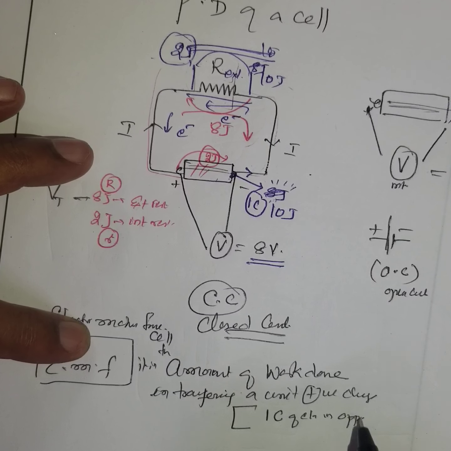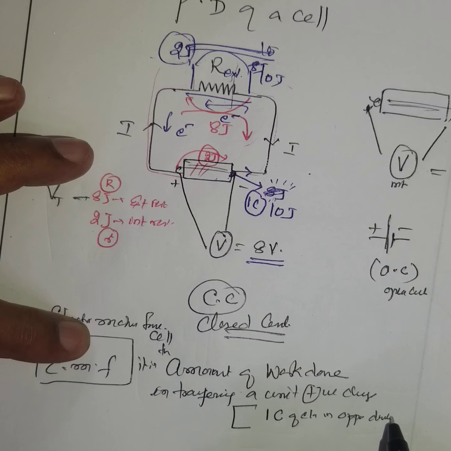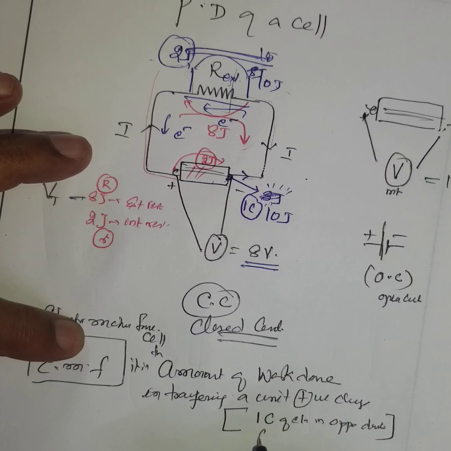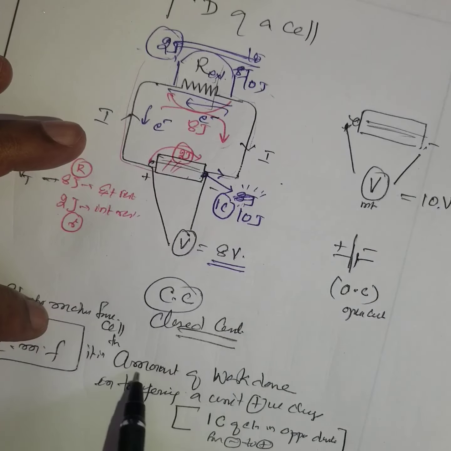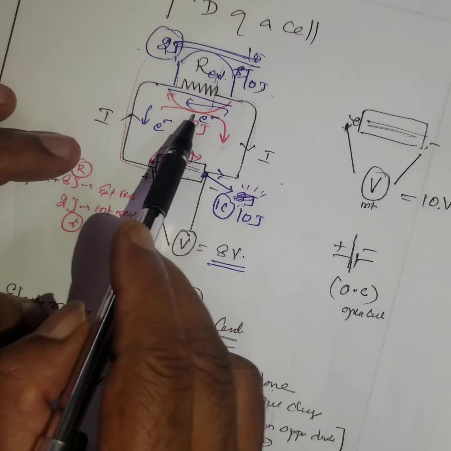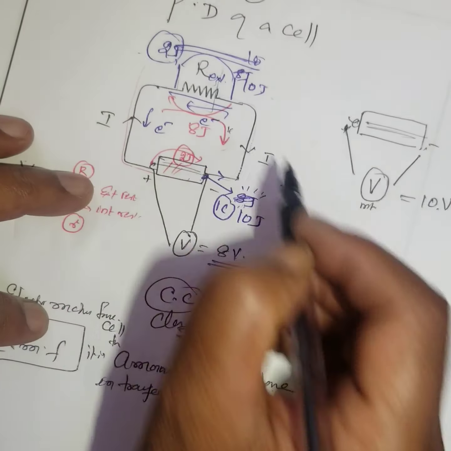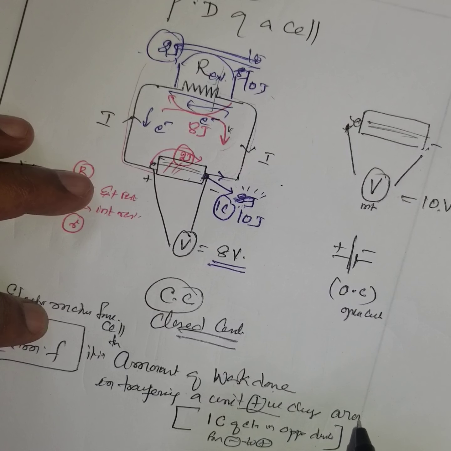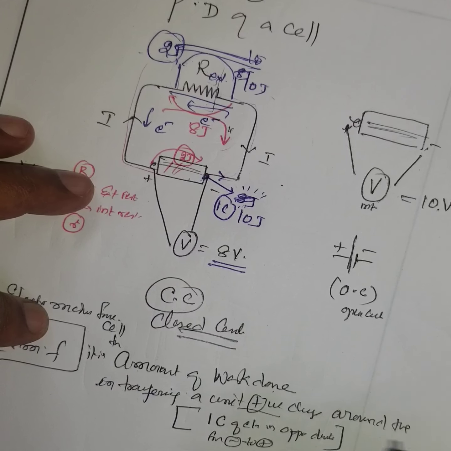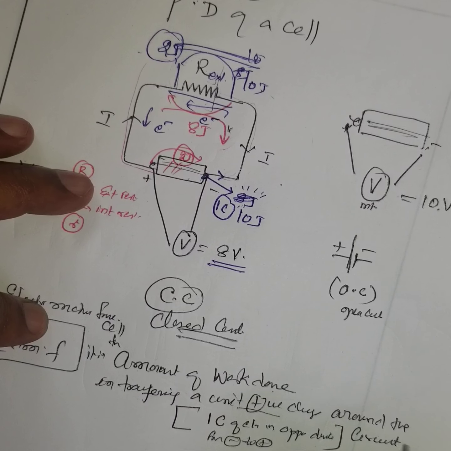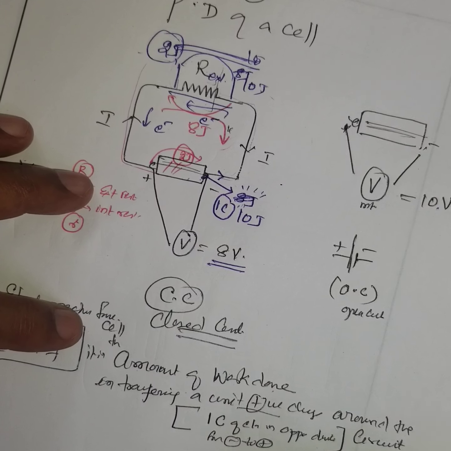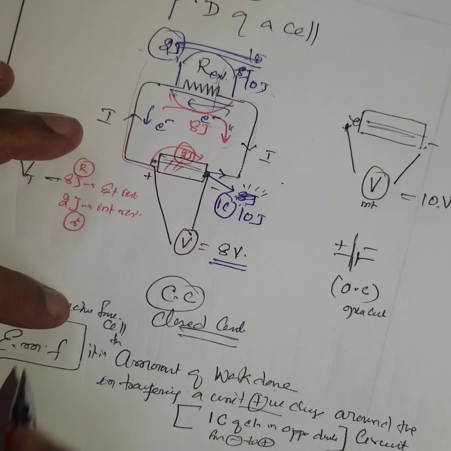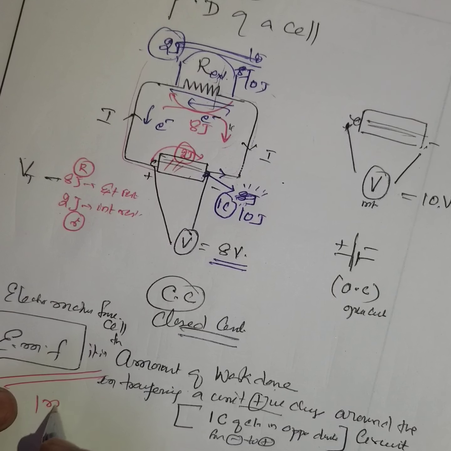Write it: opposite direction, that is from negative to positive if you want. That means the amount of work done in transferring 1 coulomb of positive charge around the circuit. That's all. This is 1 mark.